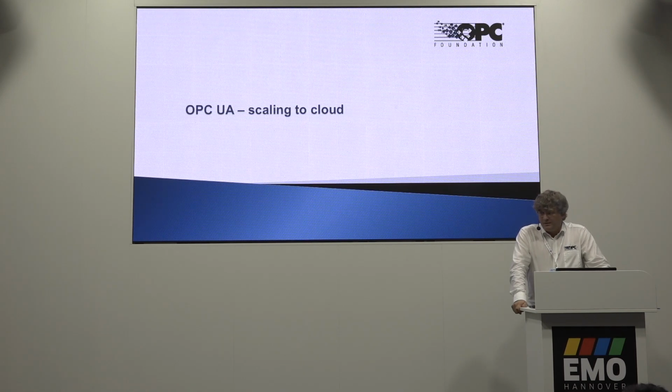OPC UA, meanwhile, is also available for controller-to-controller communication. If you have a plant and you have two machines, one with the Siemens ecosystem, another one with Rockwell, Beckhoff, Phoenix, Wago, how are they able to connect horizontally to each other? And sometimes you even need horizontal safety, functional safety.